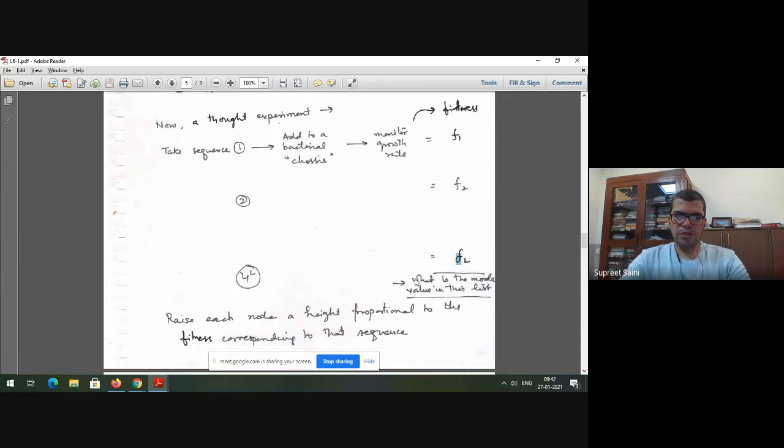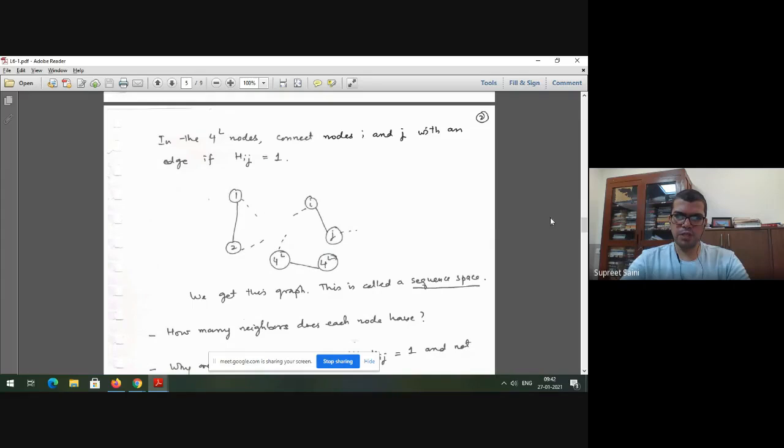Now, let me ask you a few questions. Let's take this first. In the two-dimensional graph that I have here in this sequence space, what I do is I raise each of these nodes in the third dimension to a height which is proportional to the fitness corresponding to the sequence that is represented by that particular node.